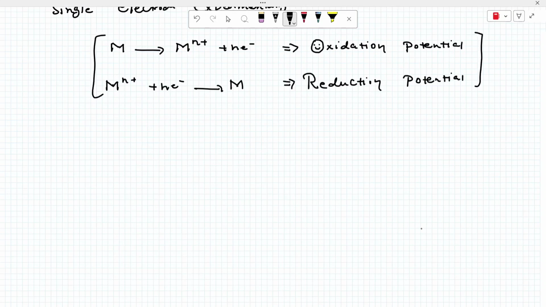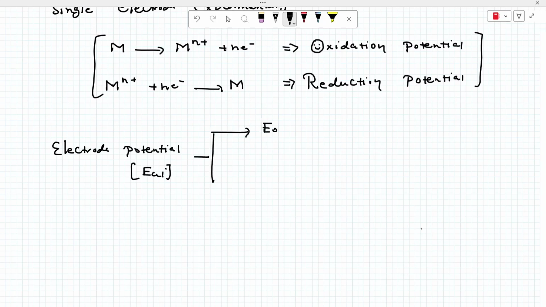Very simple. Generally, the electrode potential, E cell, is classified into two types. One we have already seen: oxidation potential, OP, which we write as E M/M n+. This representation is for oxidation potential. Similarly, reduction potential, RP, and what can we use?